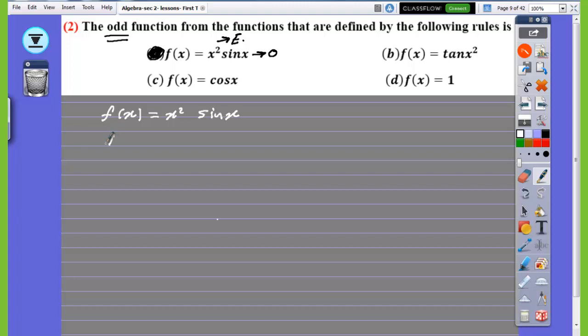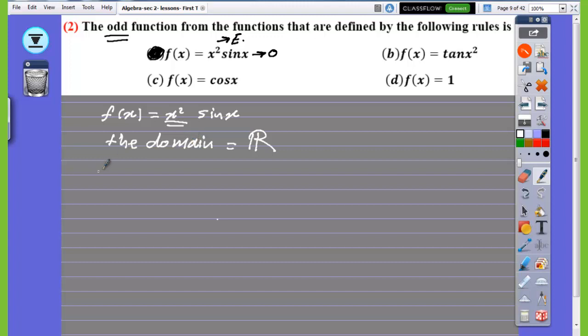The domain of f equals f of x here is R. Why? Because the domain of the first function is R and the domain of second also is R. We have no roots, we have no fractions, so the domain is R.